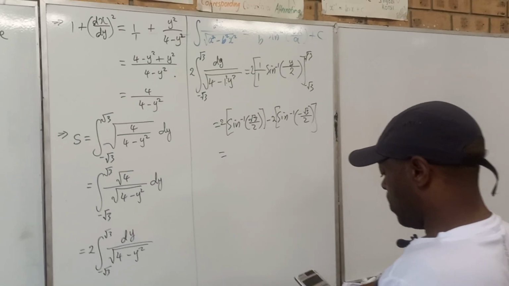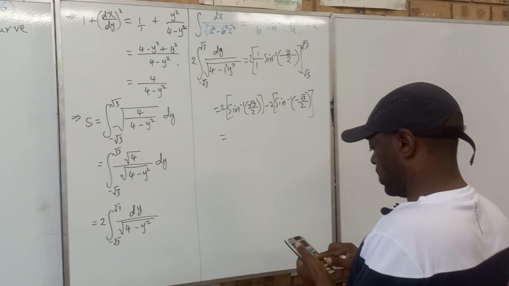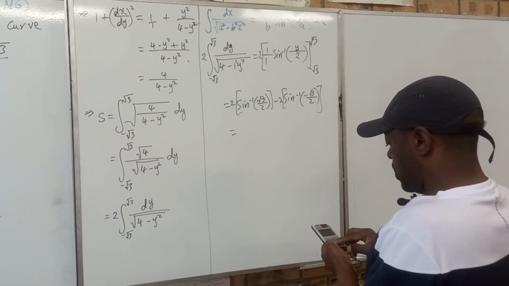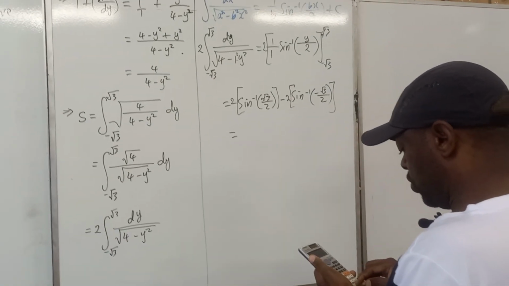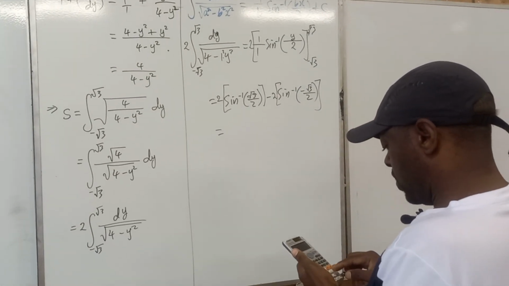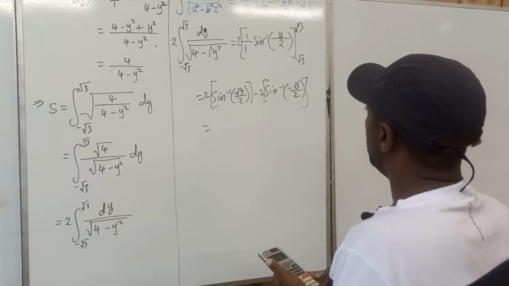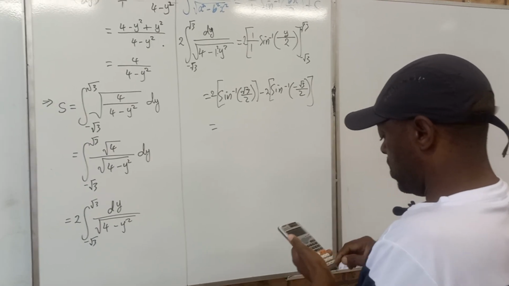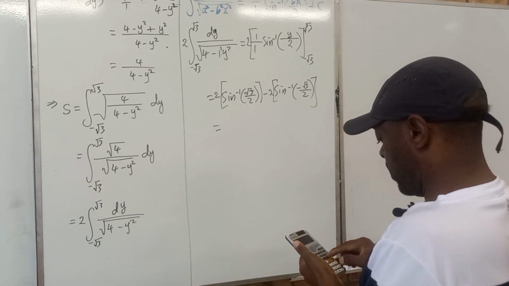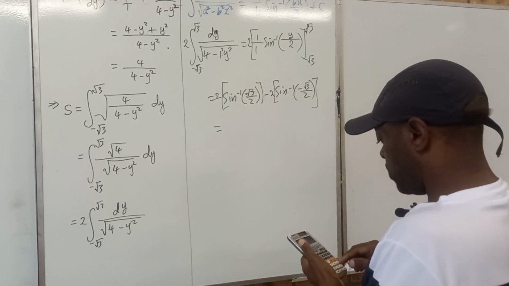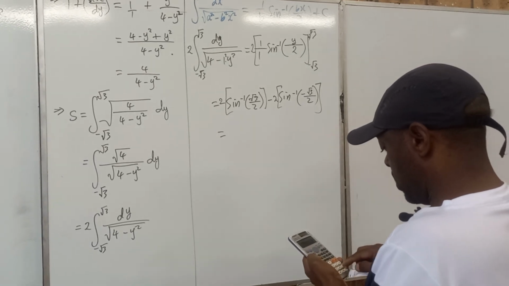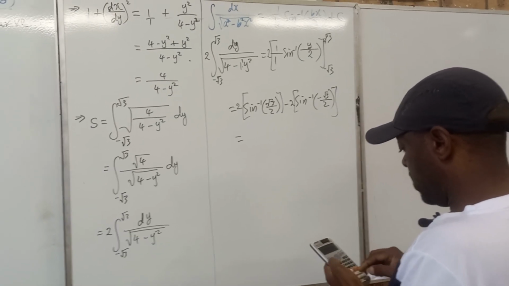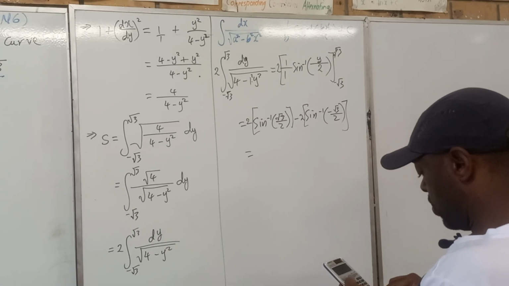So I'm going to do my calculator. I need the arc sine of the square root of 3 on 2. My calculator is already in radians. Then I will minus the arc sine of negative root 3 on 2.